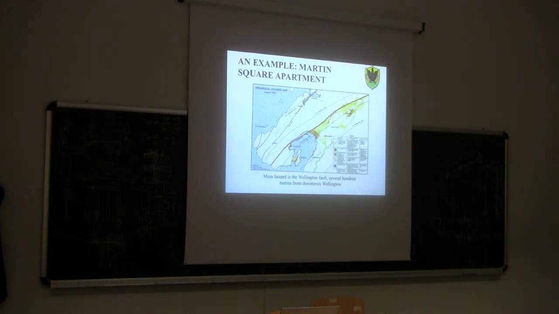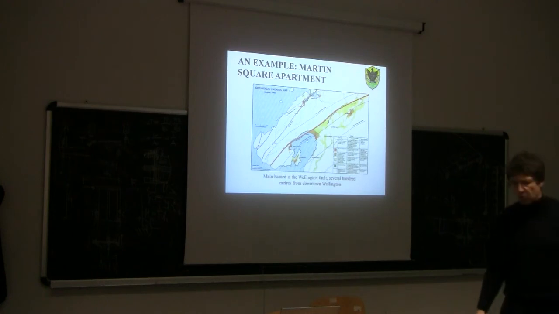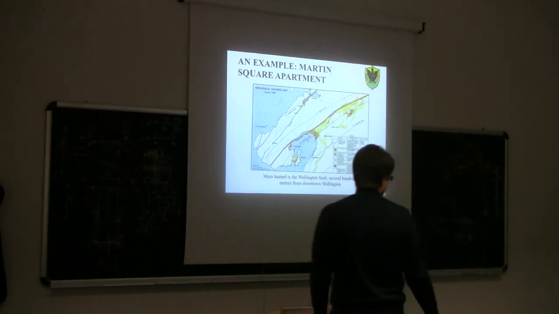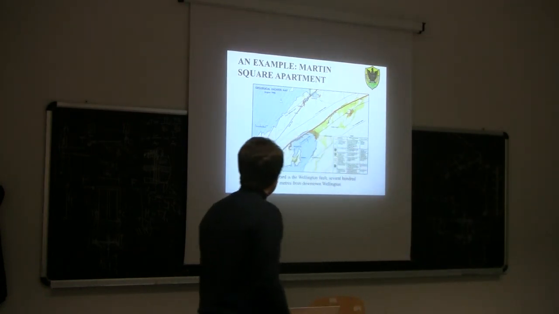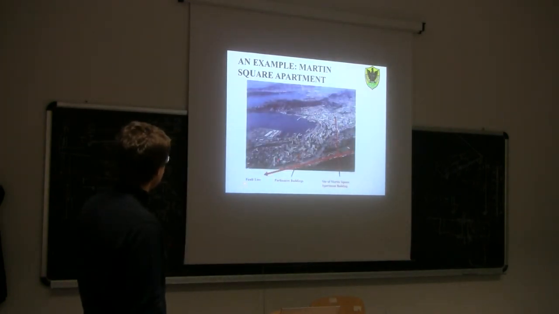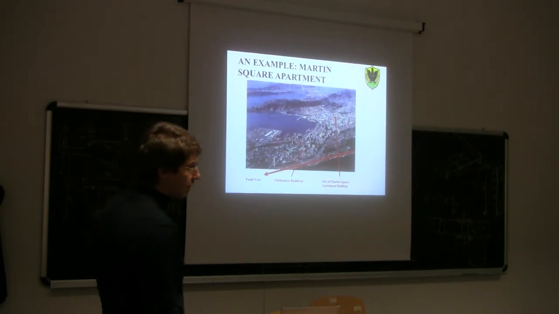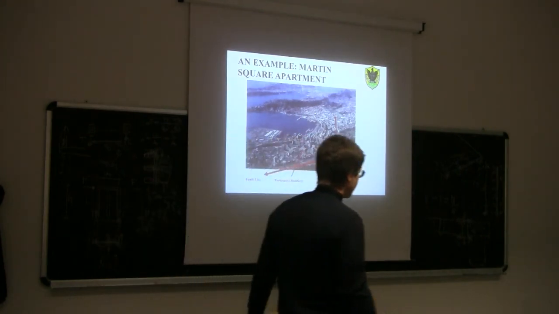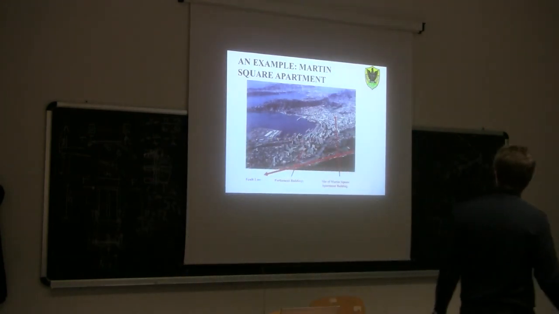It's quite a significant fault line, quite a strong one, probably stronger than the one we have here. This is a photo of the city, so this is the fault line, and this is where the building was built, not too far away from the fault line. So for sure a high seismicity region.